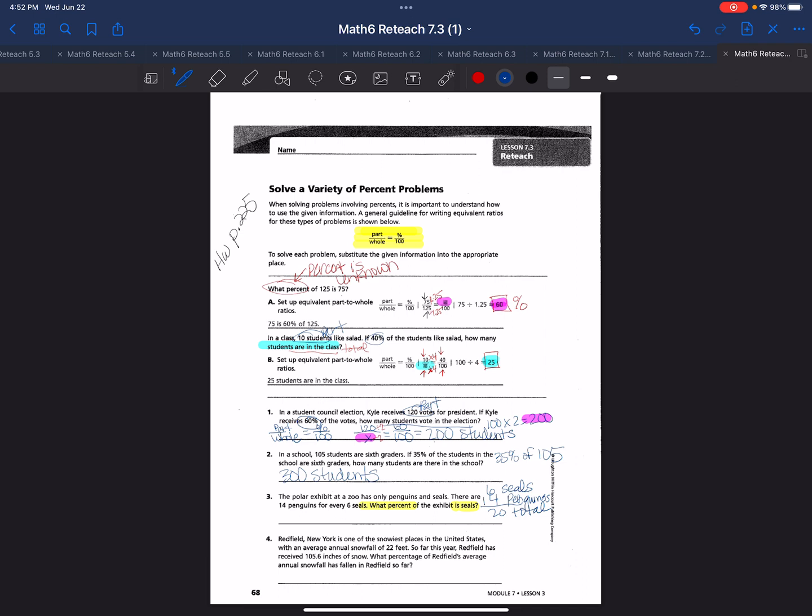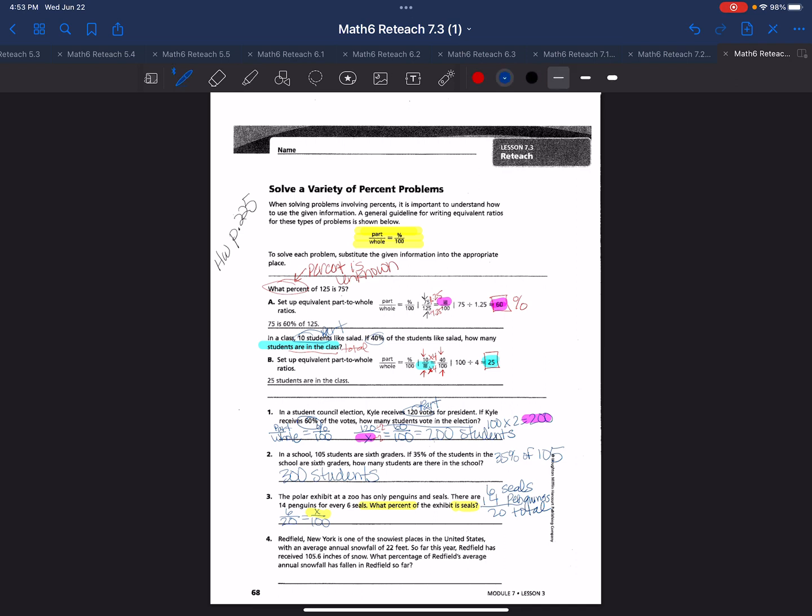What percent of the exhibit is seals? So let's go ahead and do our part over whole. So our part, with seals, would be 6 over 20 equals percent, which we don't know, over 100. We are trying to find the percent here.